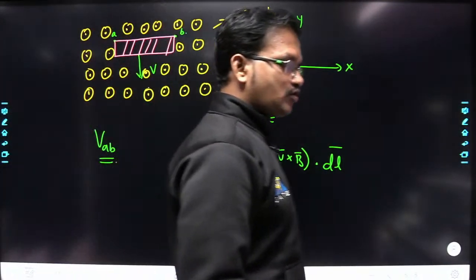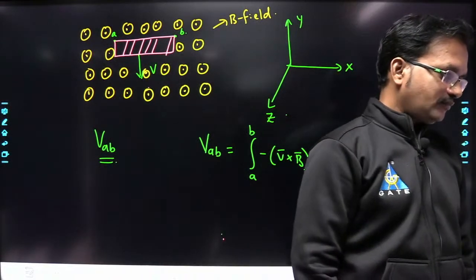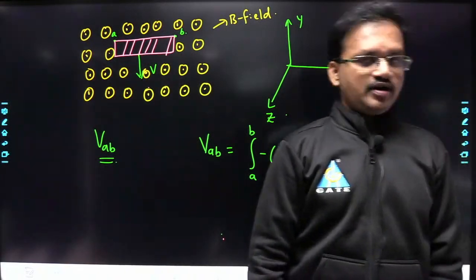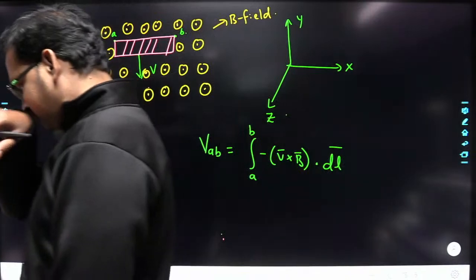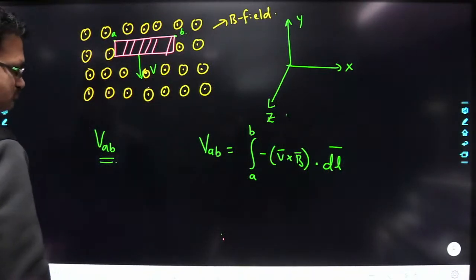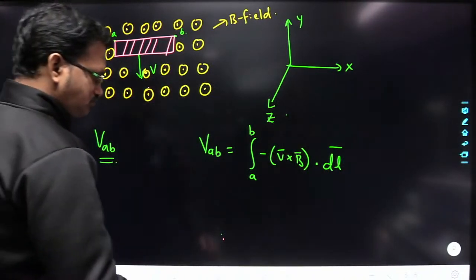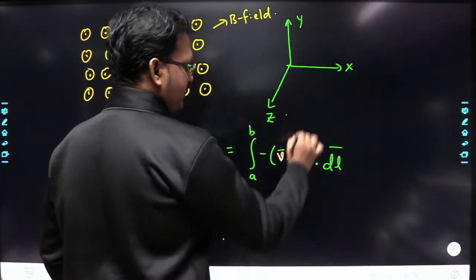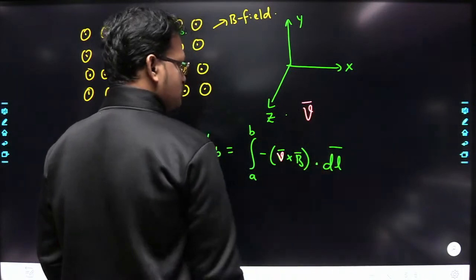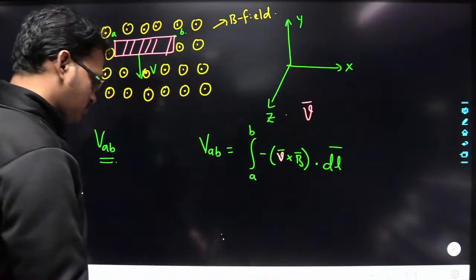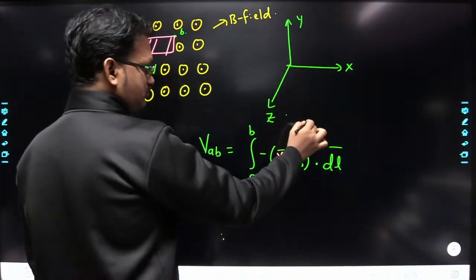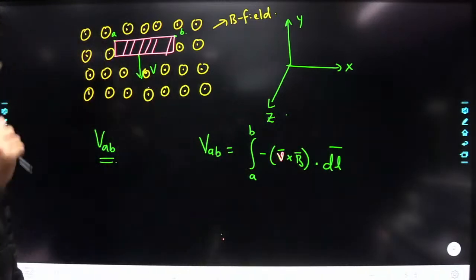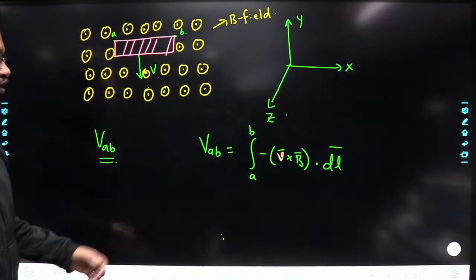Alok Kumar, Rahul Thakur, tell me. Always write velocity like this, as a lowercase v, so that we can differentiate between velocity and potential. Tell me what you are going to get for VAB.